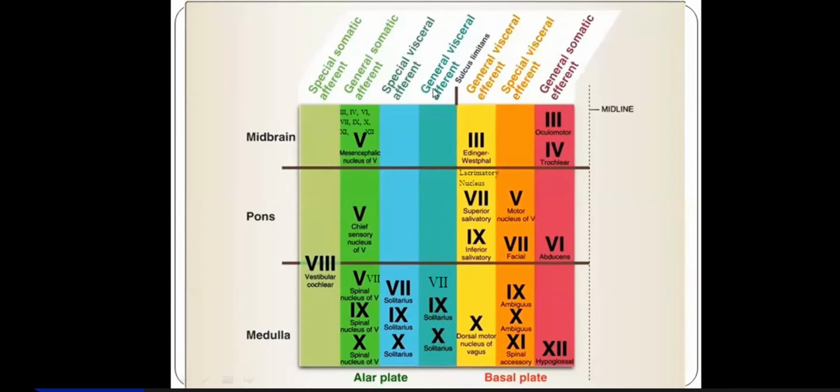Okay. Then about the afferents, as I told you, general visceral afferent, right? It will bring sensations from the glands and viscera it innervates. So exteroceptive pain, temperature, pressure, right? As well as these sensations from the viscera, right?